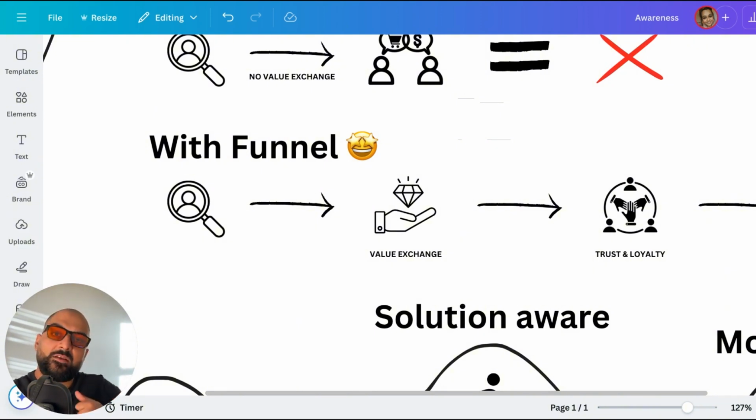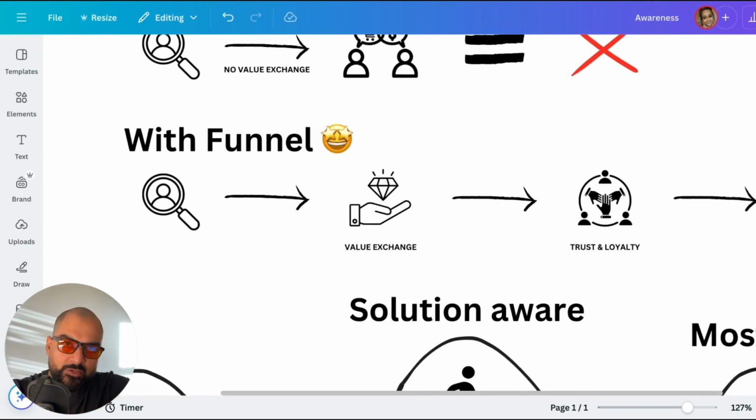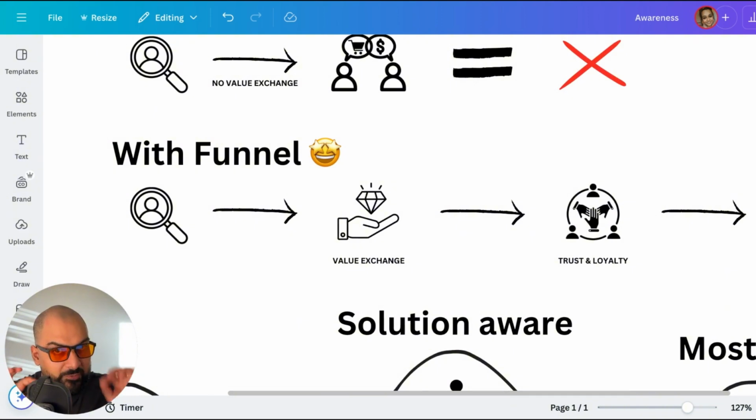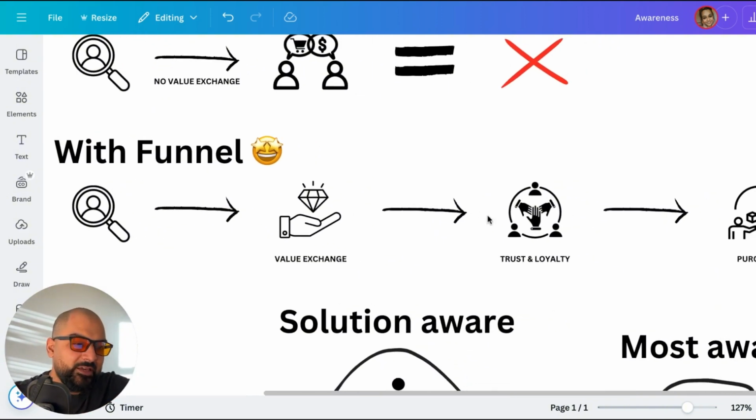The lead then jumps into your lead magnet. We're providing them value without wanting anything back, essentially. They've put in their details, their full name, email, phone number, so that we can email them or text them. And this is happening on autopilot. Now that we're exchanging value with the person, what's happening here is we're building trust and loyalty with the lead.